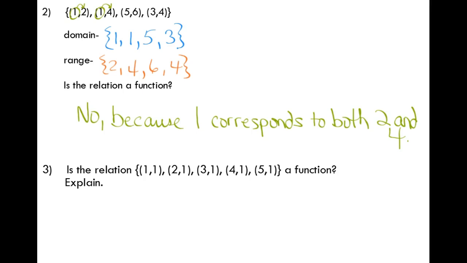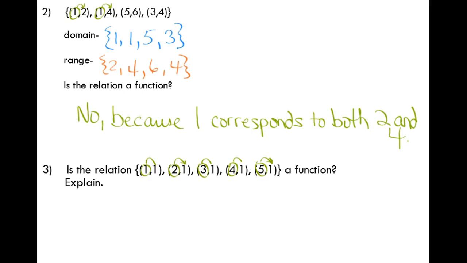And then last one is number 3, is the relation (1,1), (2,1), (3,1), (4,1), (5,1) a function? Explain. So again, 1 is mapped to 1, 2 is mapped to 1, 3 is mapped to 1, 4 is mapped to 1, and 5 is mapped to 1. So everything is mapped to 1.